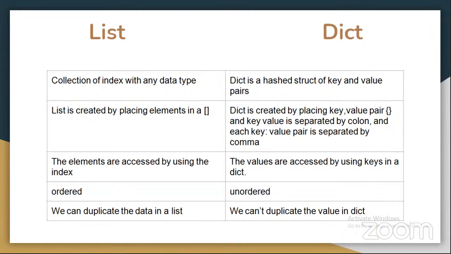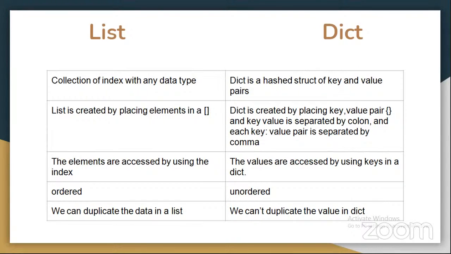As you have seen in a previous session, I have given a program also. I have shown you also. Then the third point: the elements are accessed by using index. Index means ordered, first in first out. We are going to discuss index in the next slide.